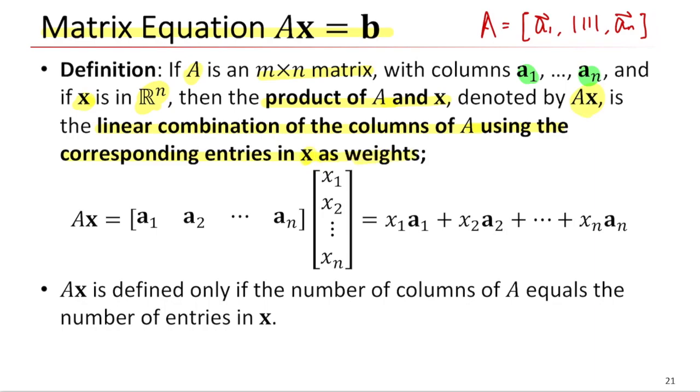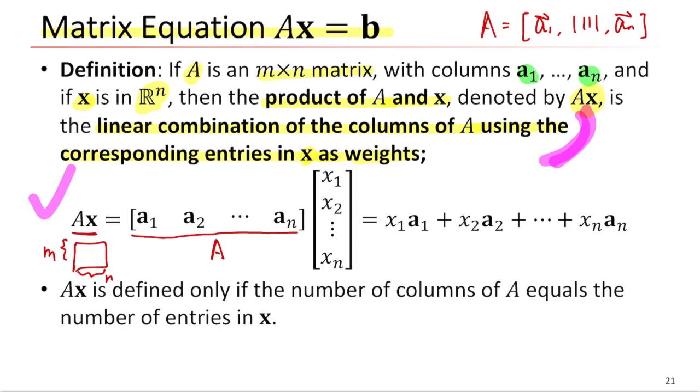This statement is hard to read, so let's represent it here. Let's write A multiplied by x like this. This is the matrix A. If the size of matrix A is m by n, then what is the size of each column vector?